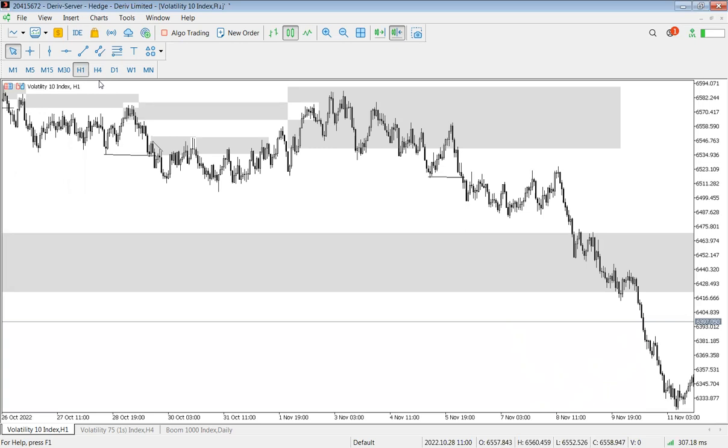So you can actually spot structure on H1, then take a sell on the M5, 5-minute time frame. Our next video is going to be on intraday trading and scalping, so you can take a series of trades in a day.